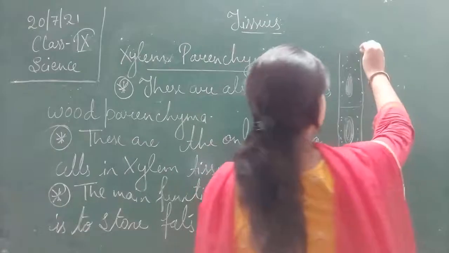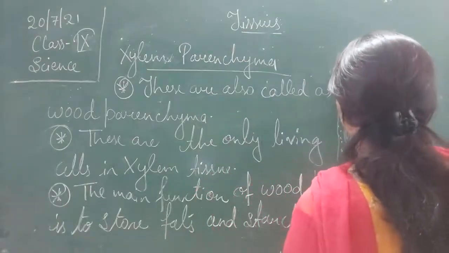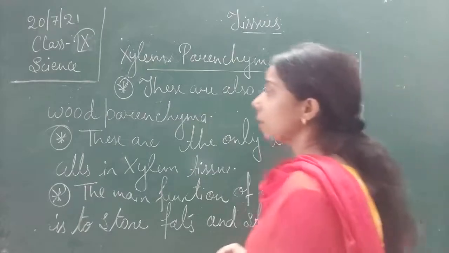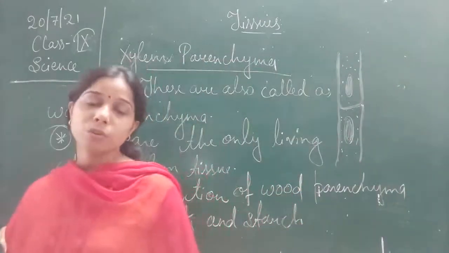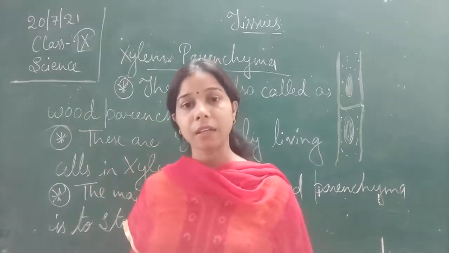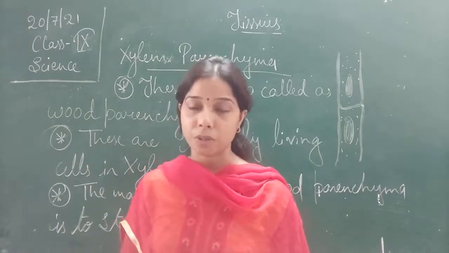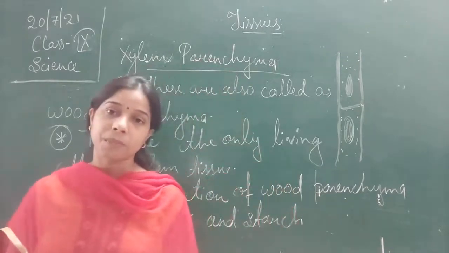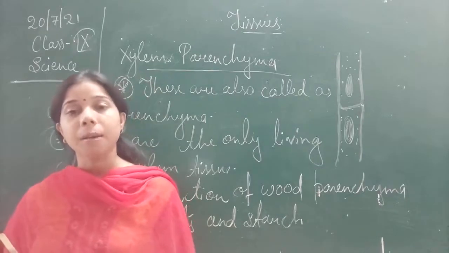So this is the xylem parenchyma, which consists of a nucleus with a prominent protoplasm, which makes it a living cell, and being living, it helps in the conduction of water as well as in storing food material.